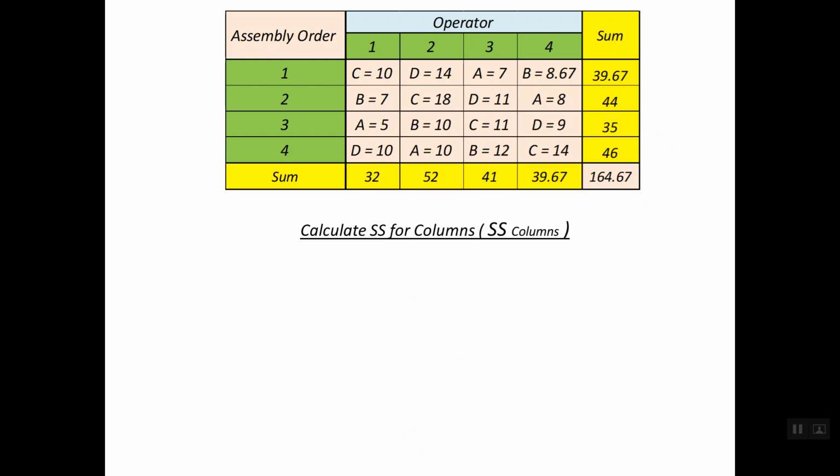The same way for the columns, we need to get the total observations for the first column, the second column, the third column and the fourth column. So now we need the summation of the records in the column.